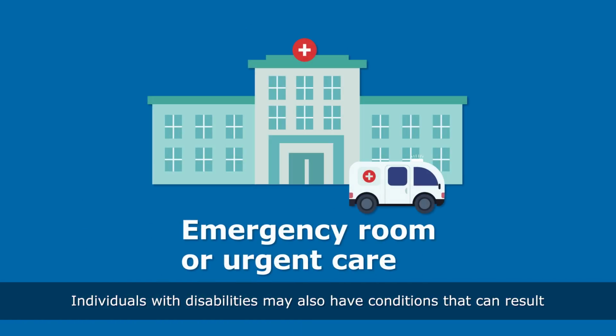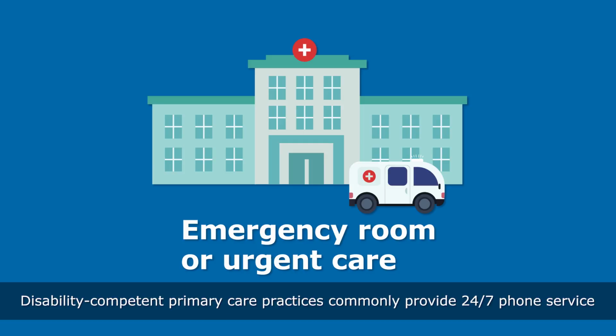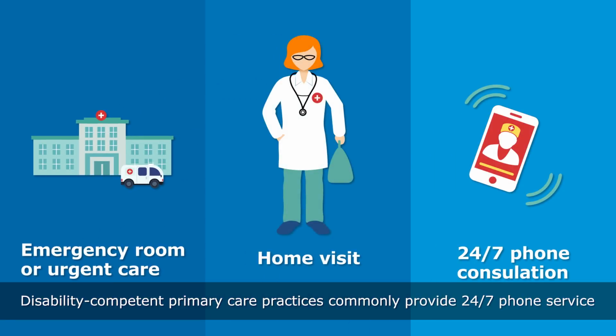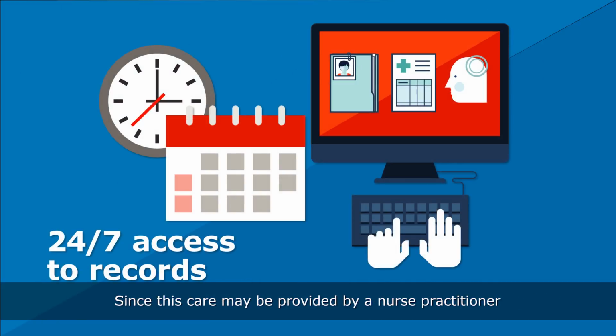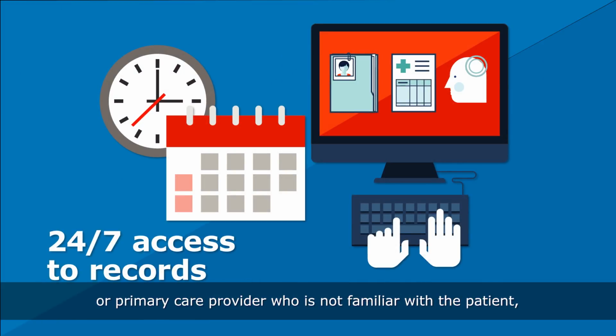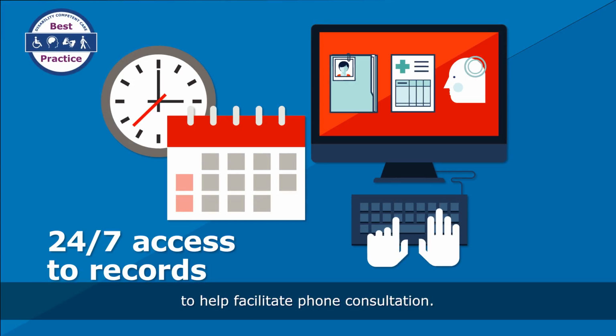Individuals with disabilities may also have conditions that can result in the need for urgent and episodic care. Disability-competent primary care practices commonly provide 24/7 phone service and/or home visits to avoid dependence on costly emergency room visits. Since this care may be provided by a nurse practitioner or primary care provider who is not familiar with the patient, it is critical that there is 24/7 access to healthcare records to help facilitate phone consultation.